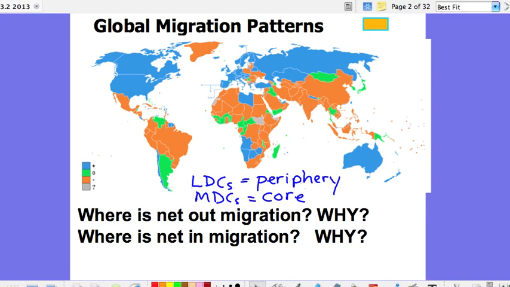So if you think about, the world is divided into 2 large categories of countries, and we've talked about this before. Least developed countries are countries that tend to be poorer. They are not as culturally powerful and dominant in the world as far as setting popular trends for the rest of the world to follow.